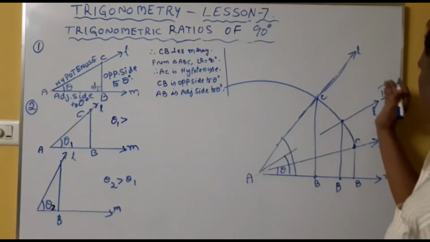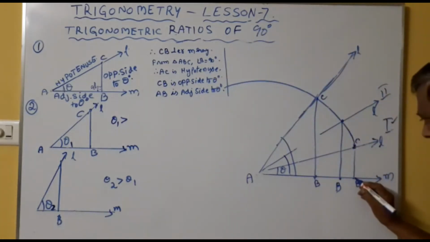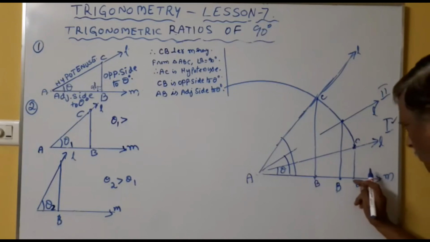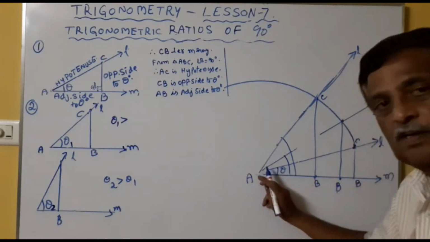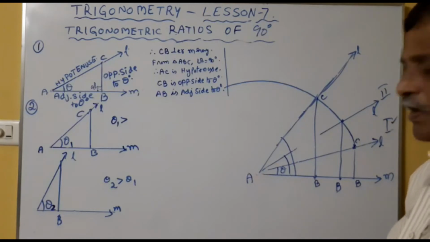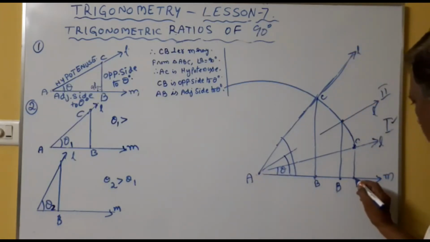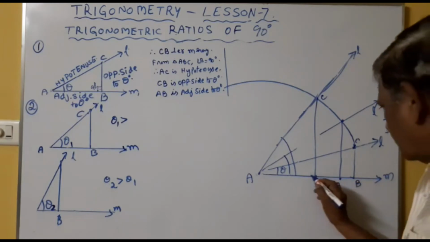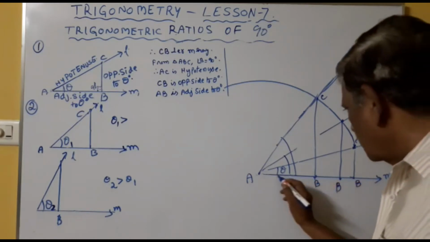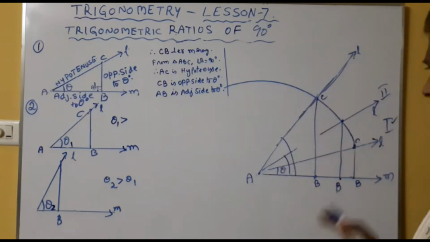The position of the foot of the perpendicular slowly moves towards the vertex A of the angle. These are the changes that take place during rotation.